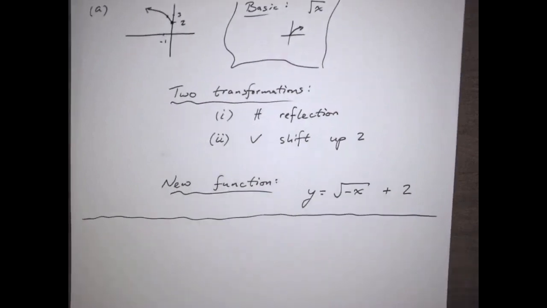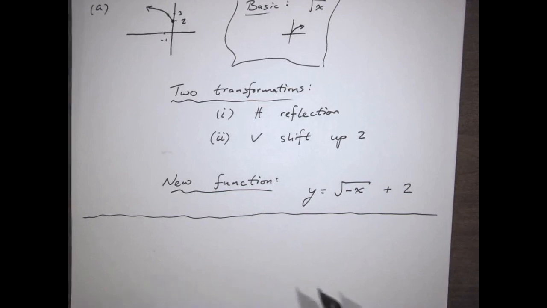Now, another area of problem that you're going to have to do is you will be given a recipe for a sequence of transformations that you're going to have to perform. And the way these are going to look is as follows.